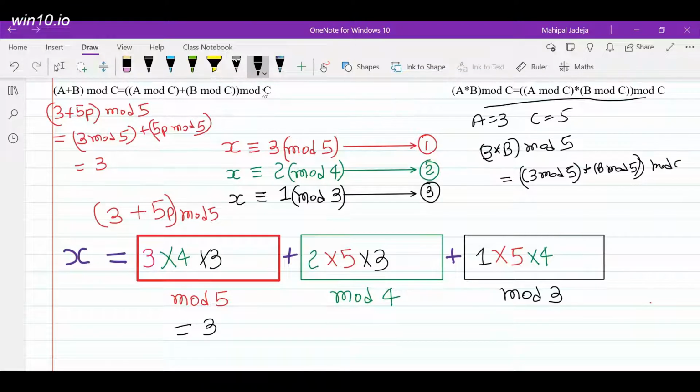And I know that whatever I multiply with 3, I want my final answer to be equal to 3. If I want my final answer equal to 3, then this value b mod 5 must be equal to 1, because then only I will be able to regenerate this 3.